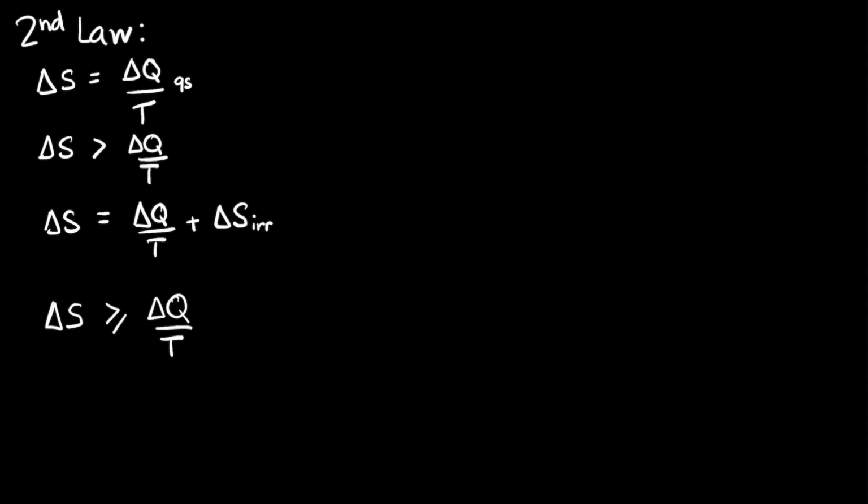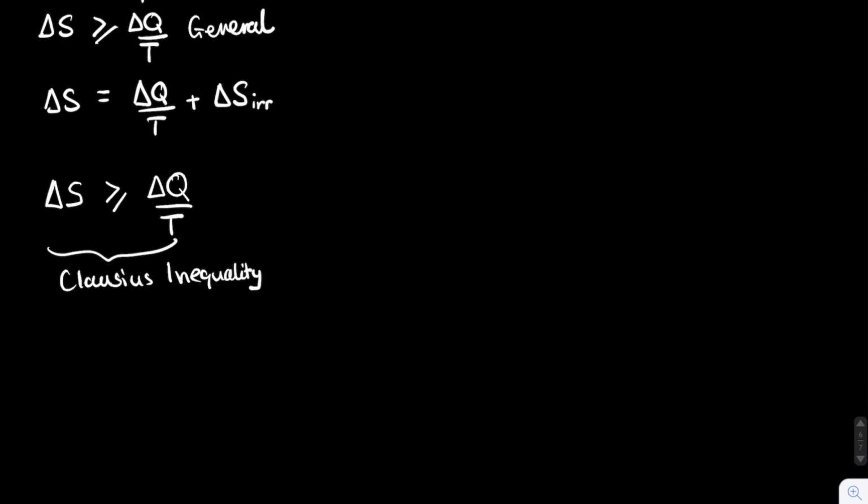So this is the quasi-static case. This is the general case. That should really be a greater than or equal to sign. This is also the general case right here. You've got this extra term, the irreversible entropy production, and this is the Clausius inequality. And so this is going to be quite useful.